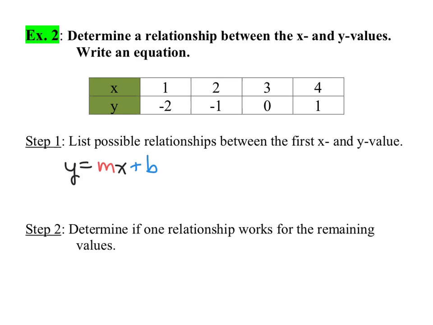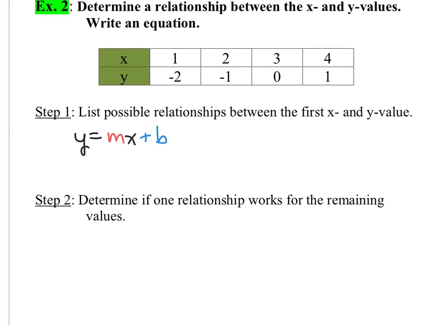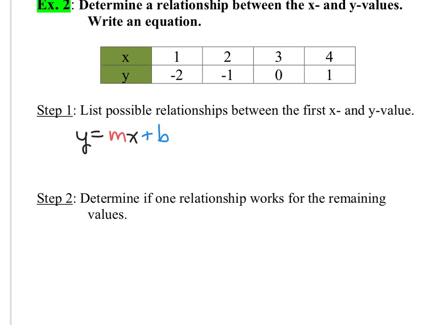That's pretty much what we just did. And then, it didn't tell us to do it, but we're going to actually write our rule. So y equals, if our m is 1, we're just going to write an x. And then we subtracted 3 each time. So this is our function rule. Take x, multiply it by 1, and subtract 3.